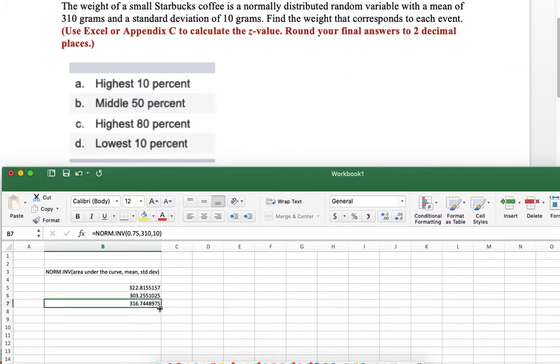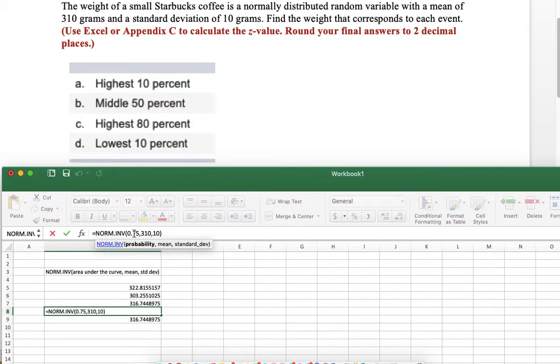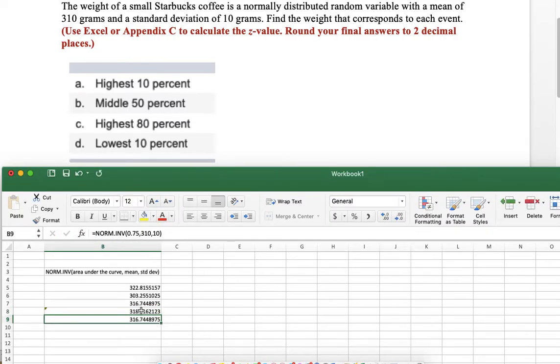Again, I'm going to copy this formula, and this would be 0.80, and then 310 and 10.